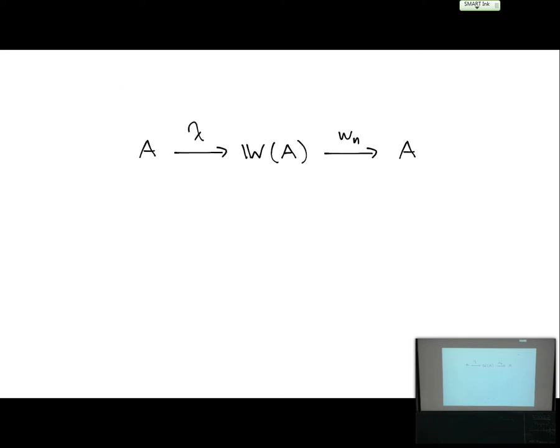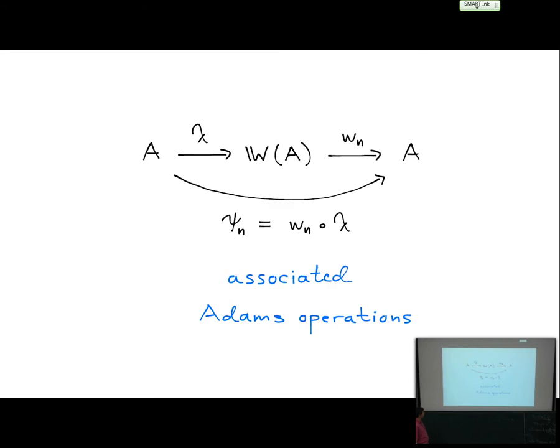Now, if we have a lambda ring, then we can compose the structure map lambda with the nth ghost component, both of which are ring homomorphisms. So this composite is also a ring homomorphism, and that is called the associated nth Adams operator.